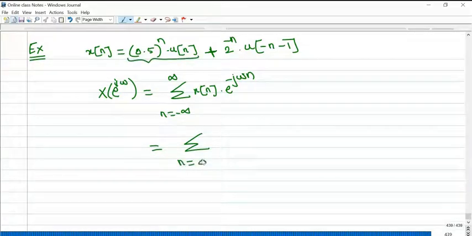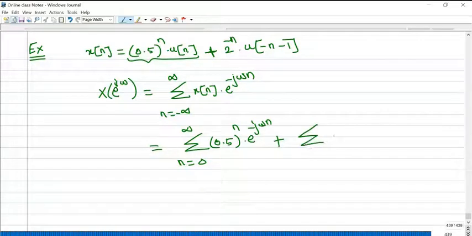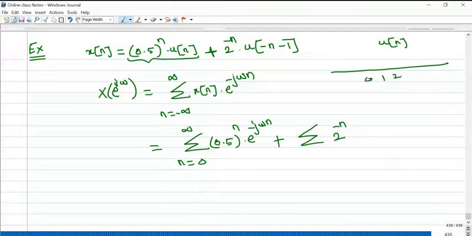So n from 0 to infinite, x of n, 0.5 power n e power minus j omega, plus summation 2 power minus n. So what is the sketch for u of n, 0, 1, 2 up to infinite? The magnitude is 1. Okay.